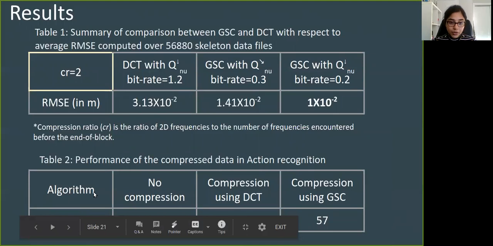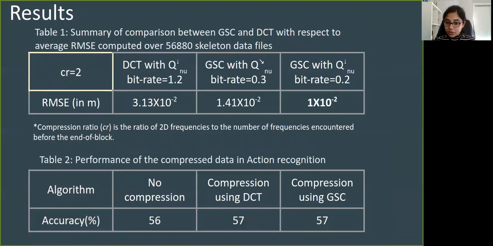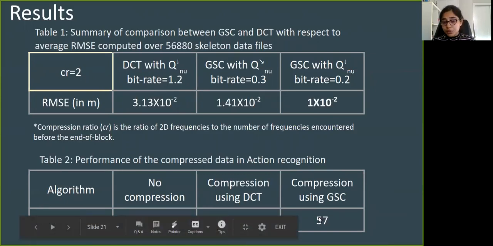While comparing the performance of this compressed data in terms of action recognition, we did not find much difference between the uncompressed signal and the compression with GSC. We can even see a little increment in this case while using the compressed signal.